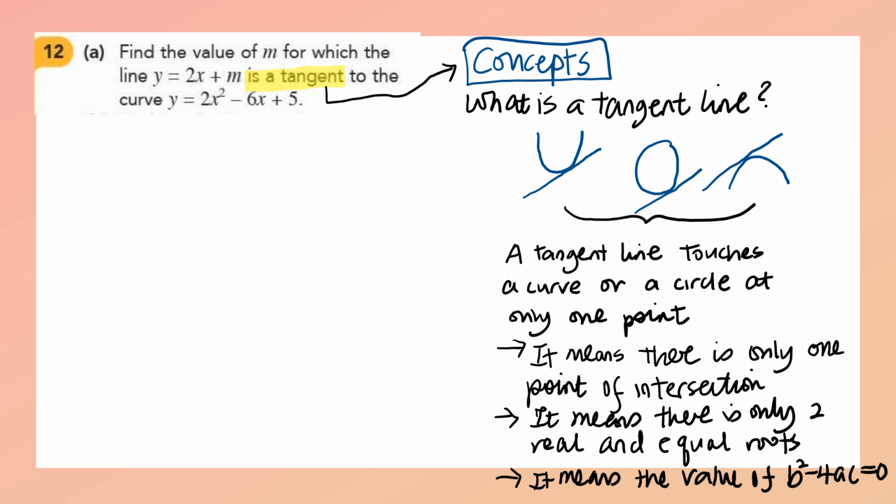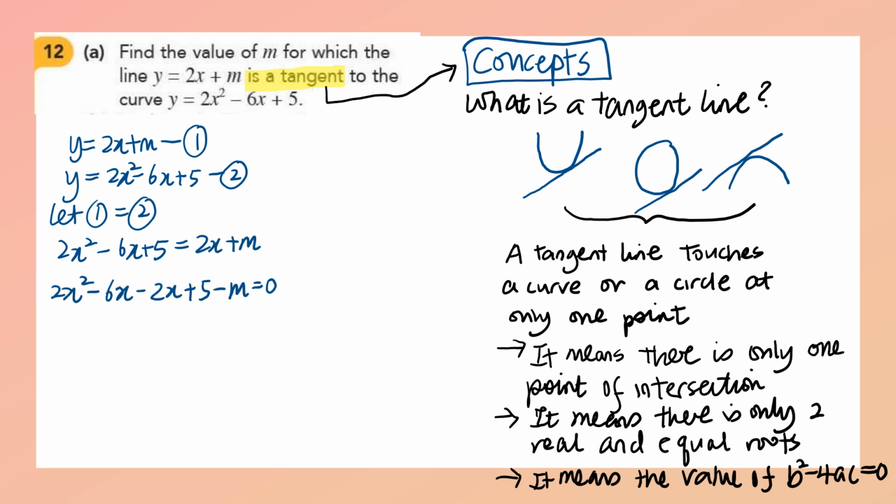So how do you build on all these concepts? That is when you have to go back to the textbook, look at the examples, look at the explanations, and then remember all these concepts and apply them to similar problem sums. So first thing first, we have a curve and a line. So we're going to form equations in terms of x.